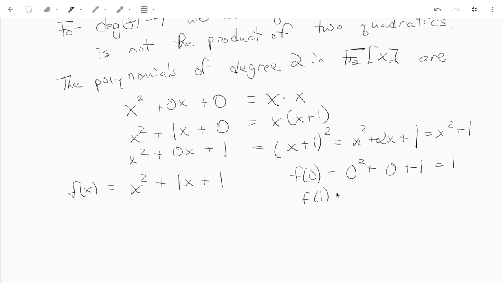If I plug in f of 1, I get 1 squared plus 1 plus 1. Modulo 2, that's really 1. In other words, this f has no roots. So this is the only irreducible polynomial of degree 2.